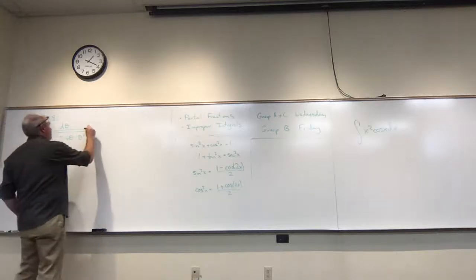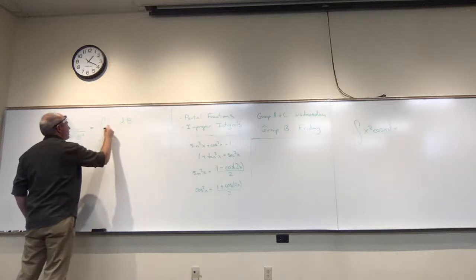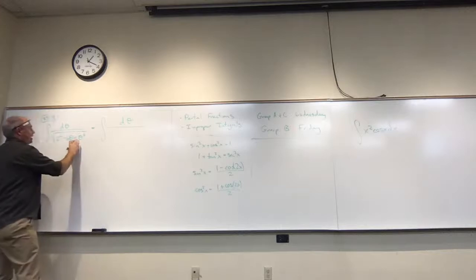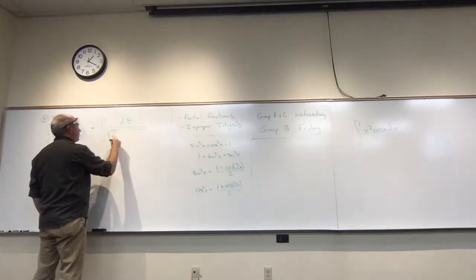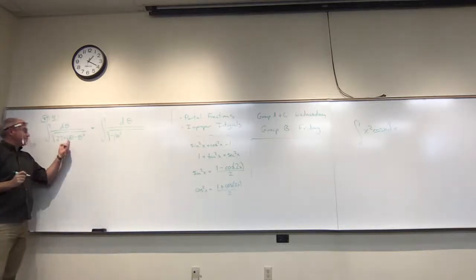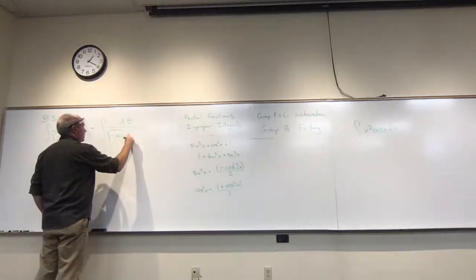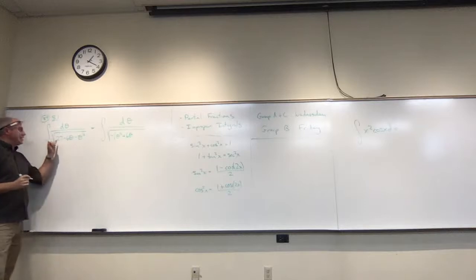So I might just rewrite it this way. I have d theta on the top. On the bottom, I don't like that negative there. So let's just factor out a negative, and then I get a theta squared. This becomes a positive 6 theta. And then I have plus 27.